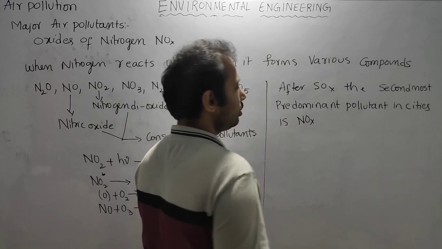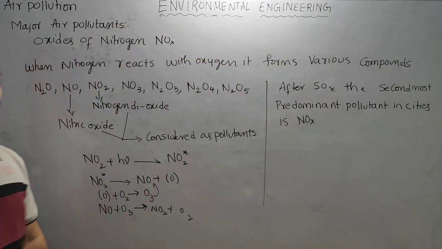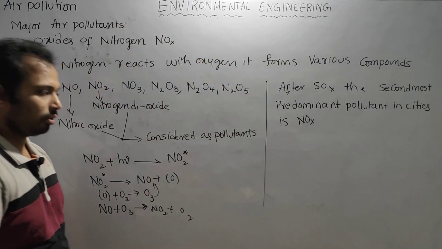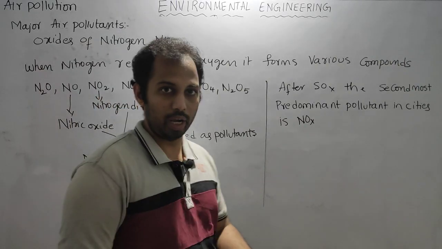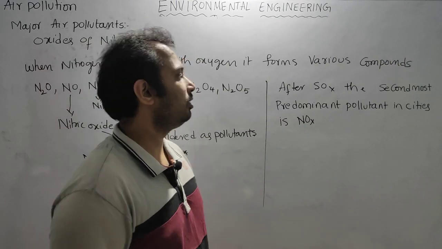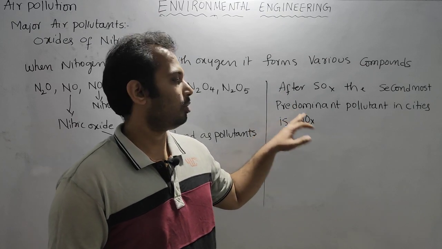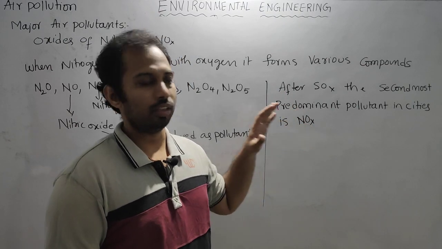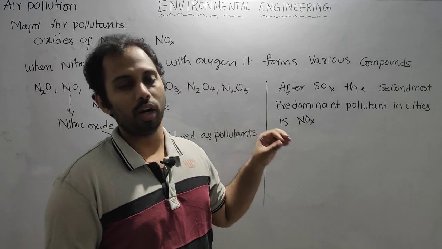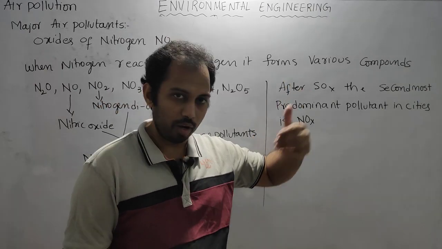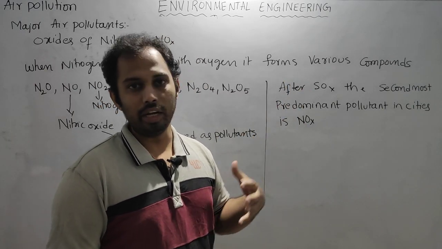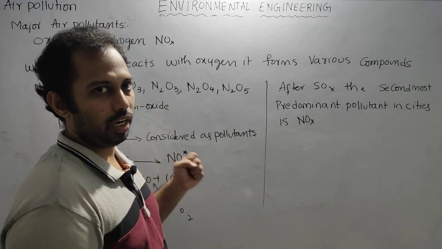So after SOx, NOx will be the second most important, most predominant existing pollutant in cities. It also causes acid rains. This NOx, NO2 or NO3, reacts with rainwater and forms nitric acid, HNO3.